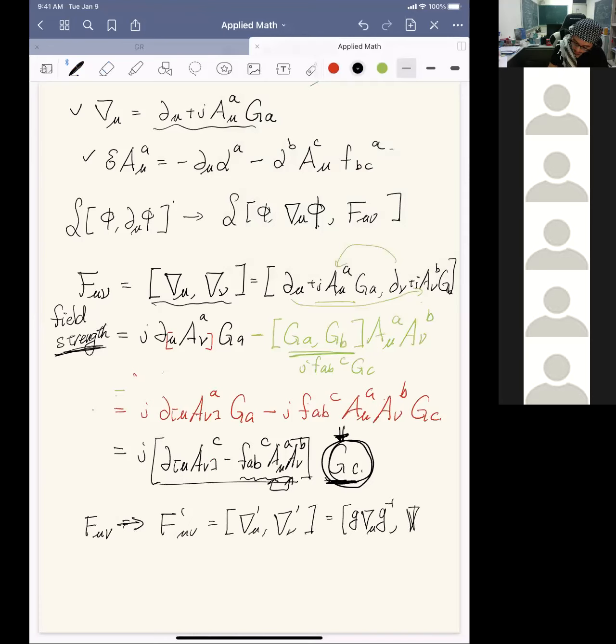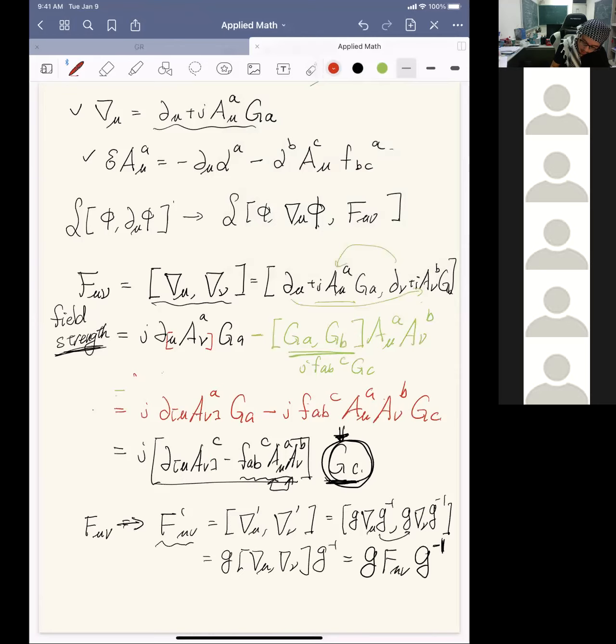Sorry, so this is G D_ν G^{-1}. And of course, because the G^{-1} is going to cancel the G, this just becomes G [D_μ, D_ν] G^{-1}. So that means the transformed field strength is equal to G times F_μν times G inverse.